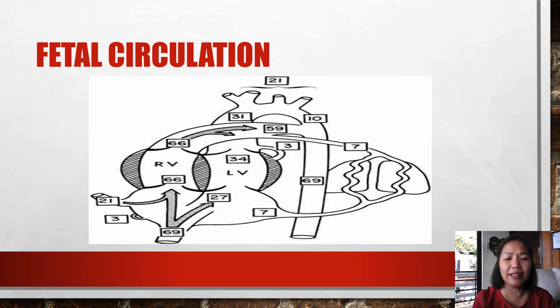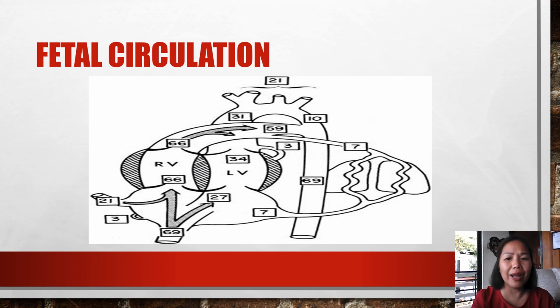On the other hand, only 27% of the blood in the right atrium enters the PFO. Then to the left atrium, combined with blood from the pulmonary vein. Then 34% goes to the left ventricle. 3% flows to the coronary arteries.